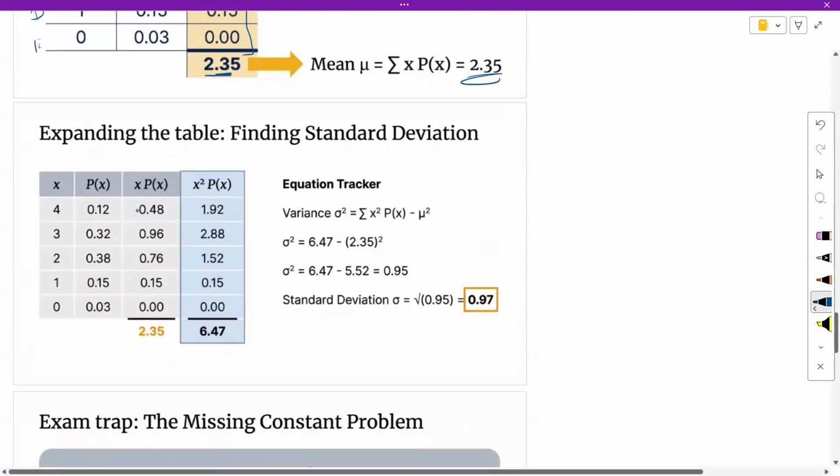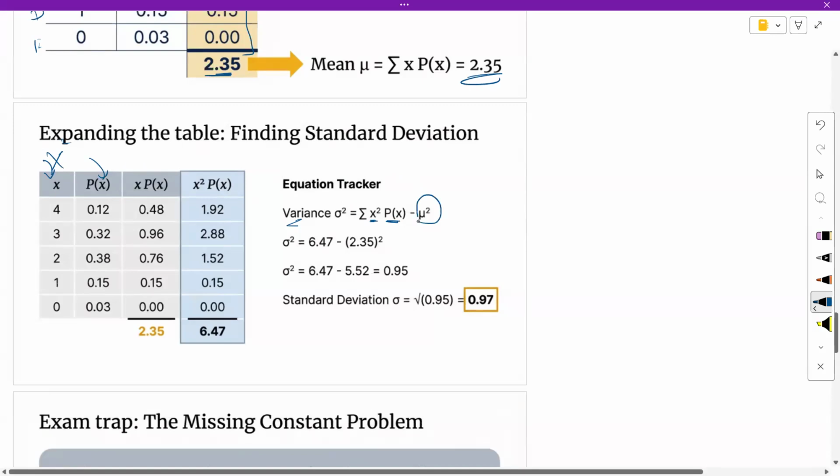And we expand the table to find the standard deviation. When you look at the formula for calculating the variance, we should know x, so x square. We know the value of x, then we just get the square of it, x square, and the probability of that is given.